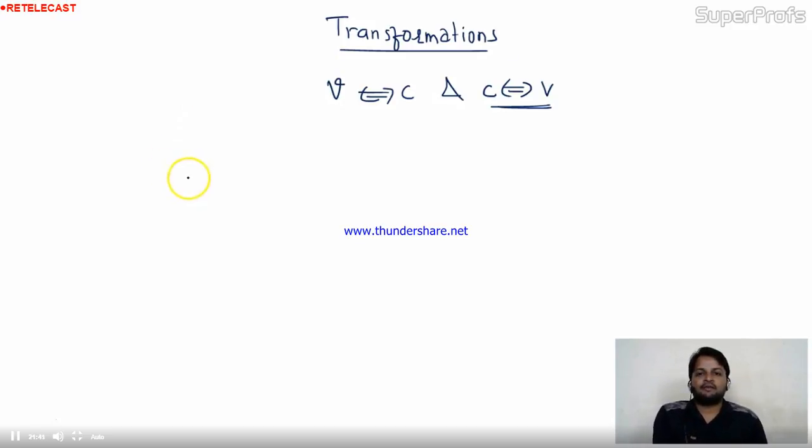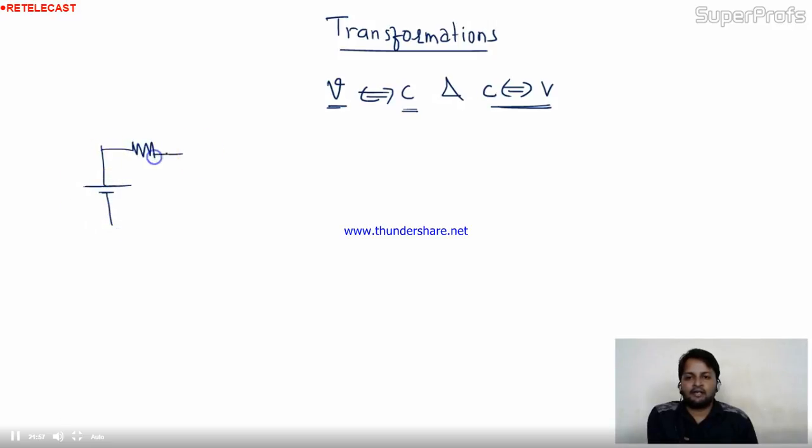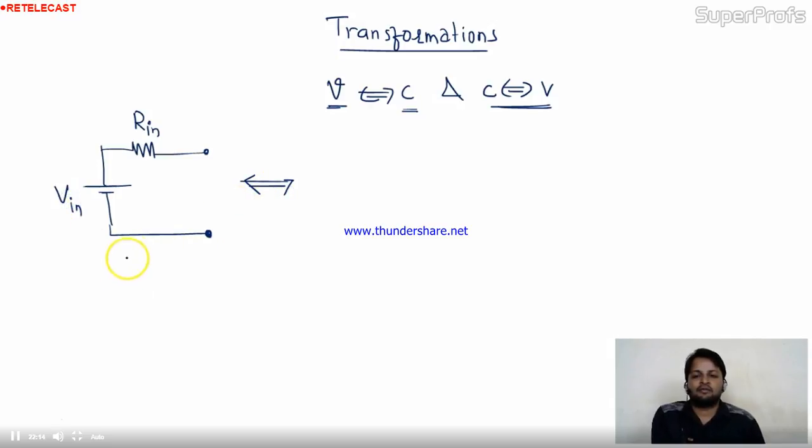So when can we transform the voltage source into current source? Here is the specific condition. What is the practical voltage source circuit? The value of the battery is connected in series with the internal resistance of the source. This is the voltage source given here. I am taking Rin, I am taking Vin. Now I am doing the source transformation, the voltage transformation into current transformation.